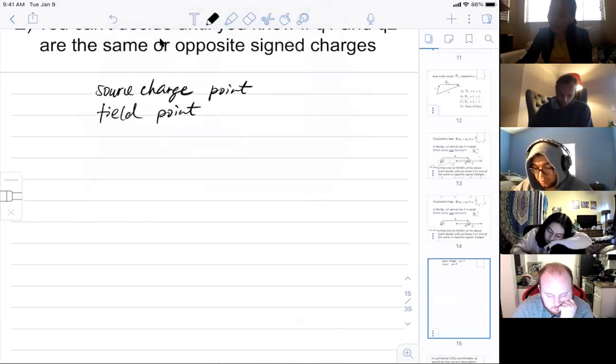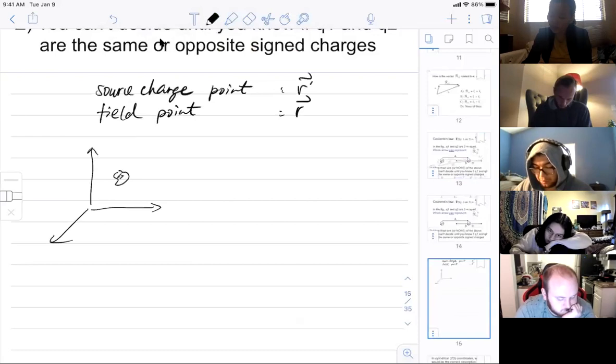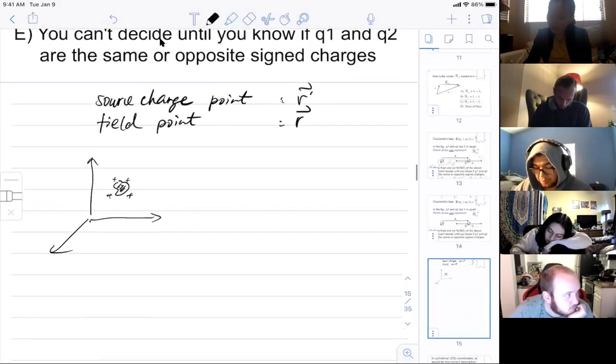And we represent them using R prime and R. The prime is always the source. So for example, if I have some source here, there's some charge here, and I will represent the location of that source to be the R prime vector.